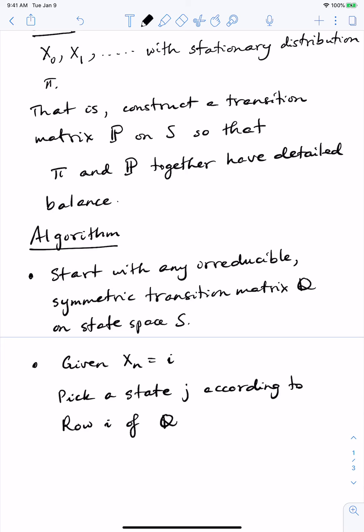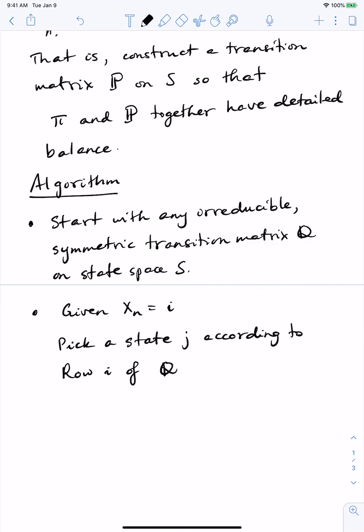Nevertheless, what we say is that Q proposes a move to j. Right? So this transition matrix that you came up with says, okay, you're at i, move to j.